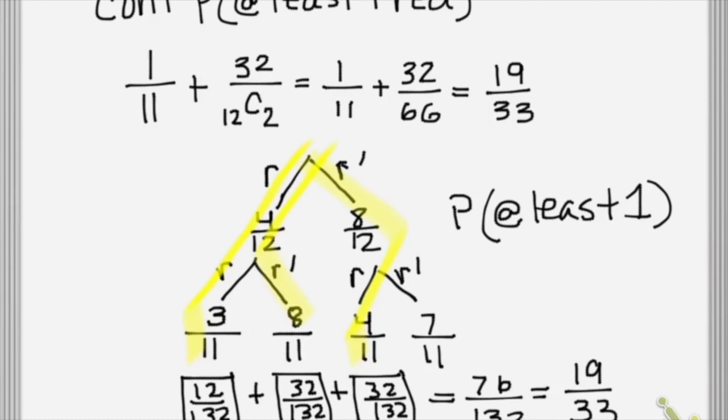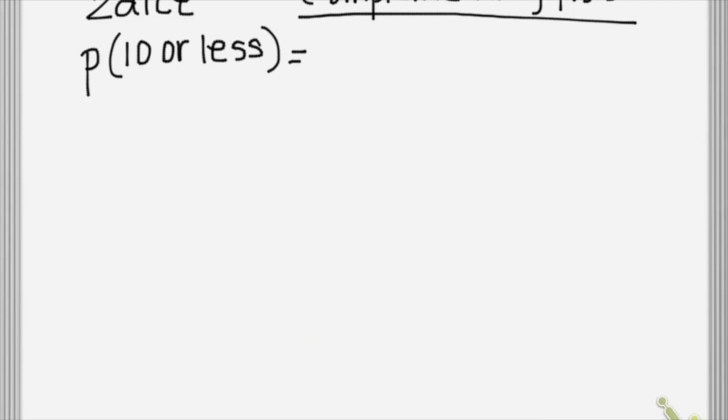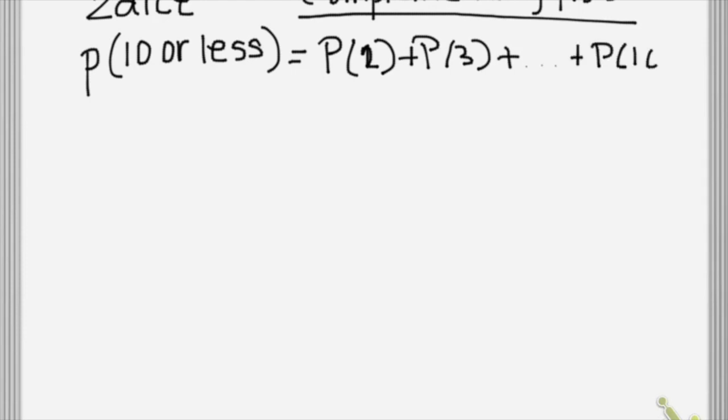So what would happen here is I would go, well, what's the probability of getting 2, plus the probability of 3, plus the probability of up to a sum of 10.